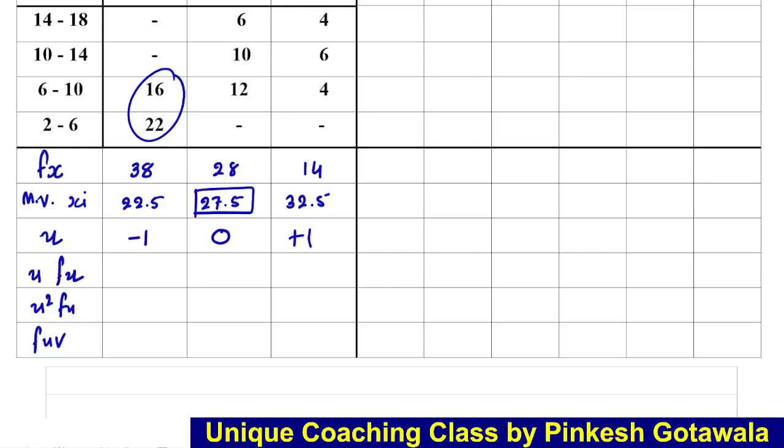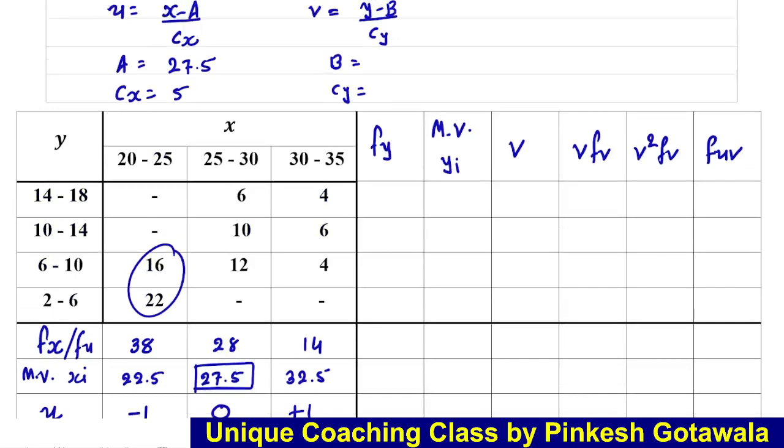Now u, and fu: this is fx, which is our f. So 38 into -1 would be -38, here 0 and here 14. Then u square fu, we have to multiply this, so here 38, here 0 and here 14. Okay, clear? Now next we come to this side.